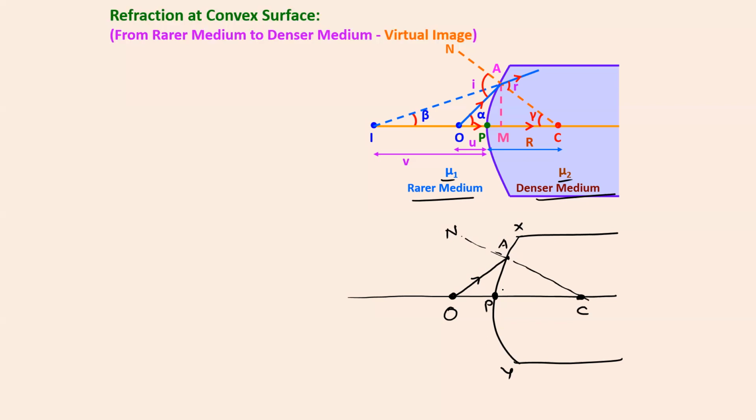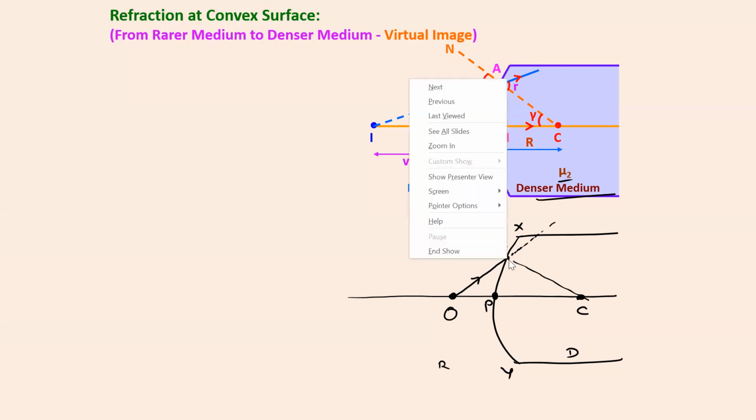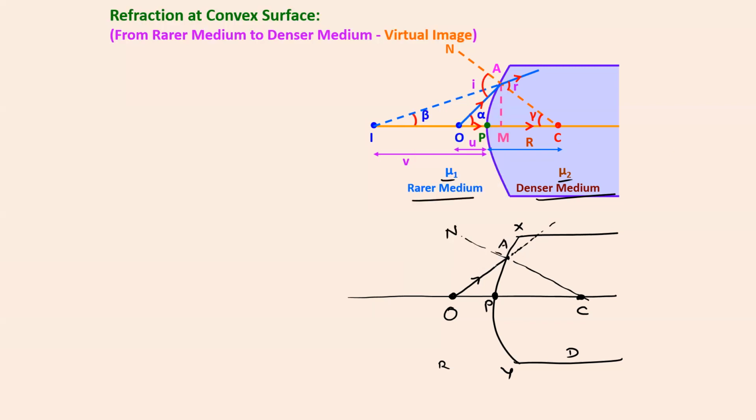So I got my radius of curvature also, it's fine. And as it is going from rarer to denser medium, it is going to bend towards the normal. So actually the light should travel in a straight line like this, but towards the normal. That means the light will travel in this direction.